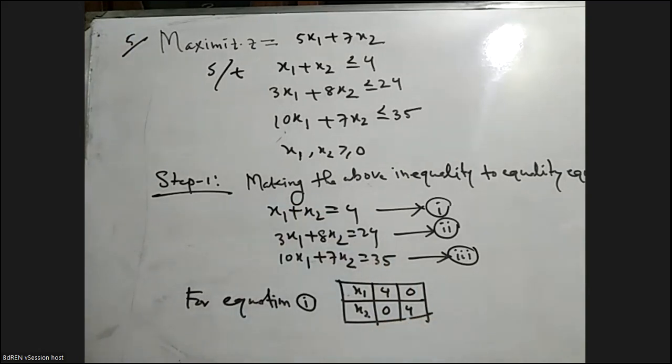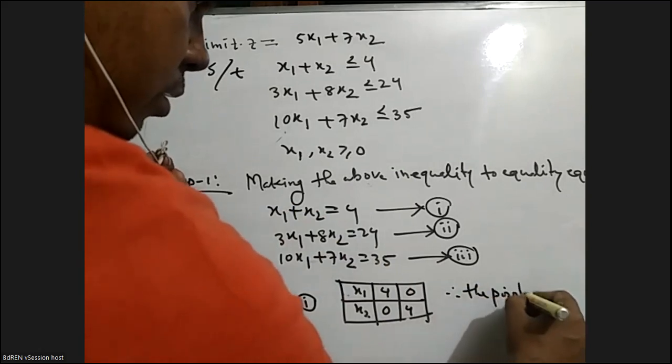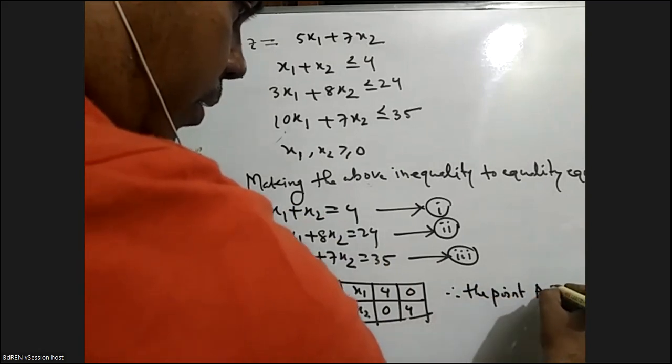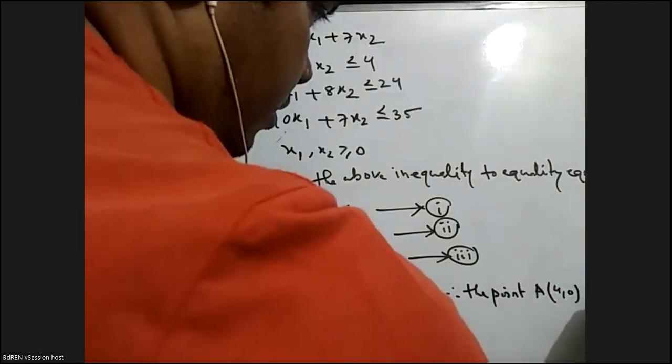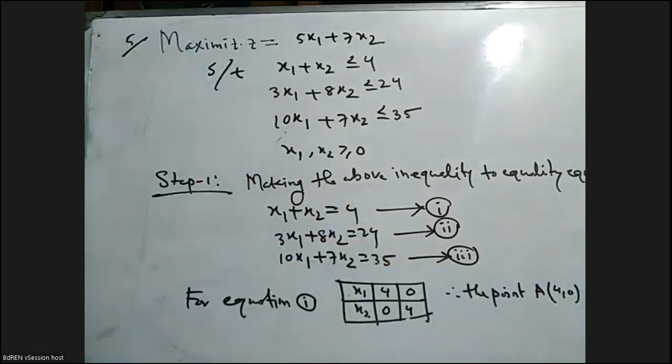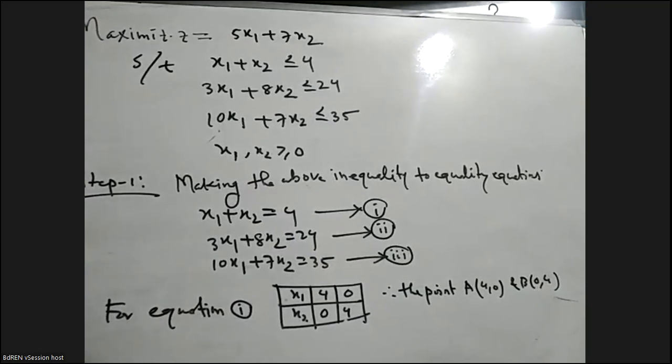So the points are A (4, 0) and B (0, 4). This will be the joining line for equation 1.